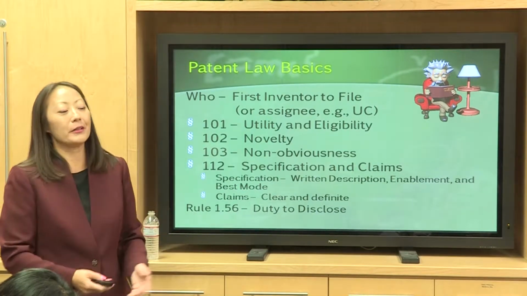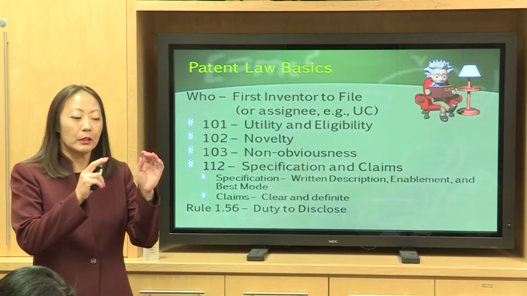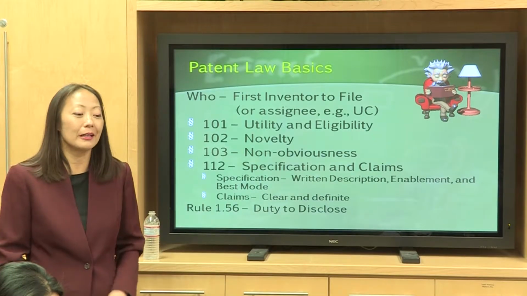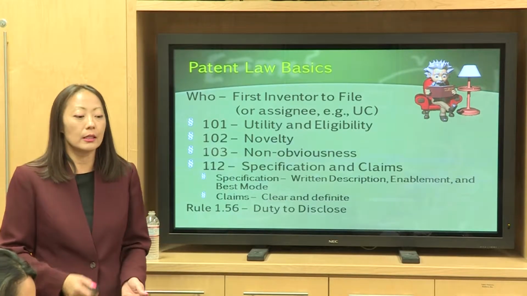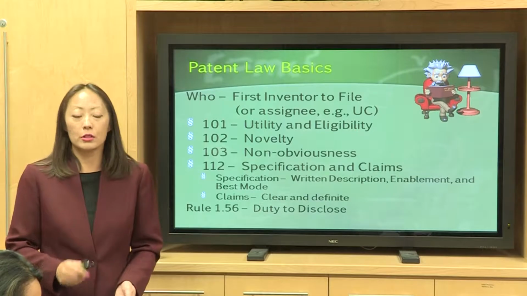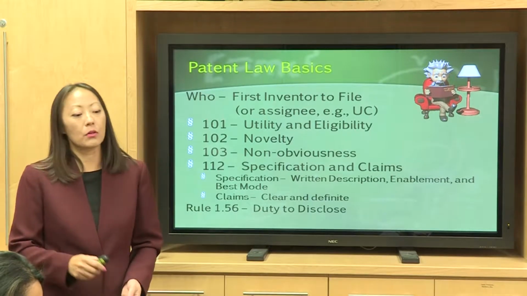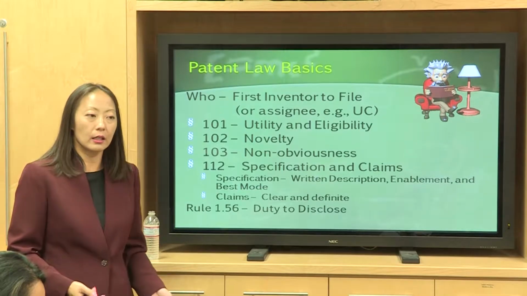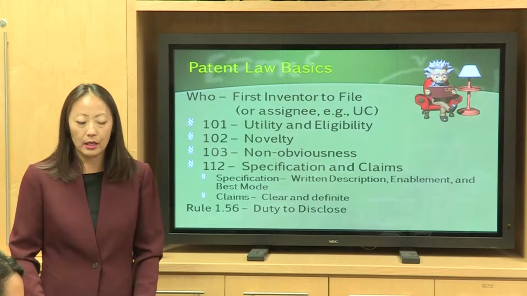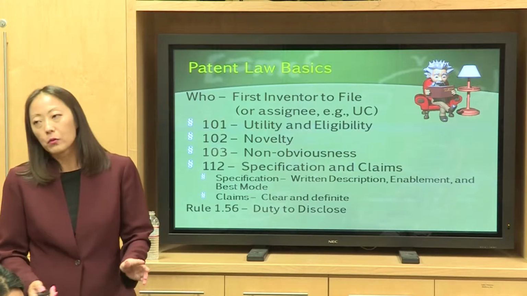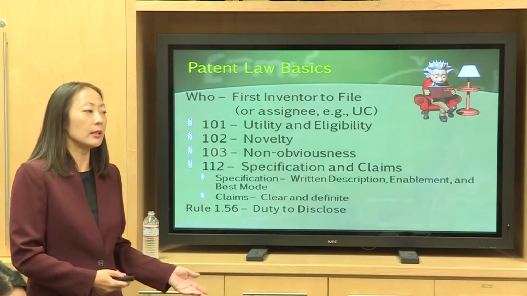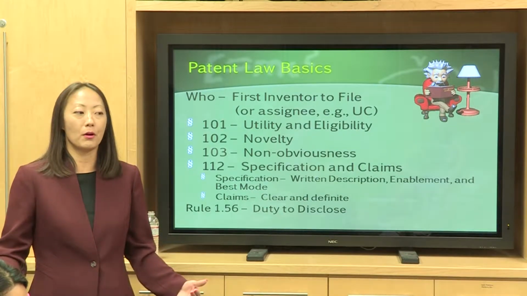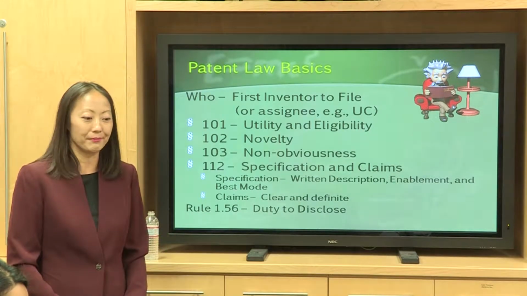Well, you really don't need to know what the section number is, but if you ever want to know what the patent attorney is saying, 101 goes to utility and eligibility, 102, novelty, 103, non-obviousness, 112 deals with the specification and claims, the actual application, how it's written, and then we have Rule 56, which is the duty to disclose. And so I'm going to briefly go over those and what they mean, because that sets up all of the common mistakes that are made.